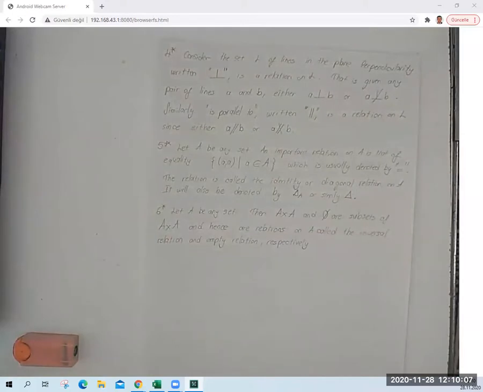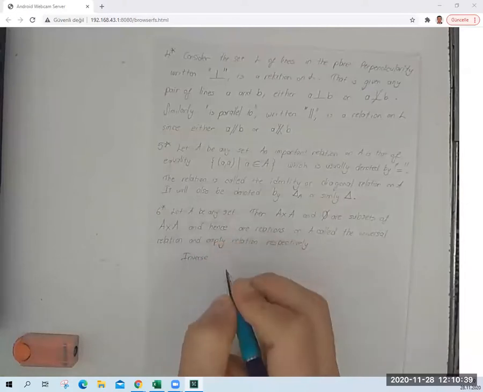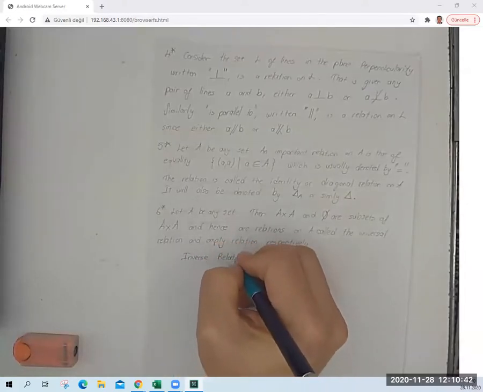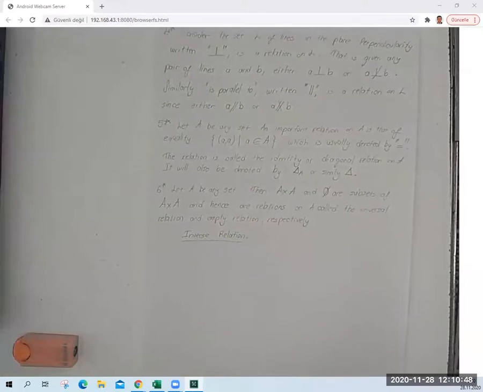So we saw some relations, such as product at the beginning of the relation chapter, and we saw the perpendicular relation, the subset relation, subset or not subset, perpendicular or not perpendicular, and so on. And there is also the inverse relation. There is something reverse, and that part is the inverse relation.